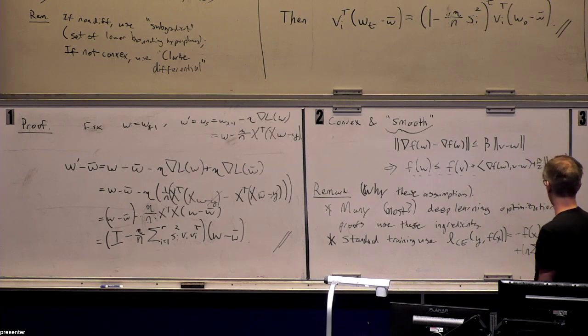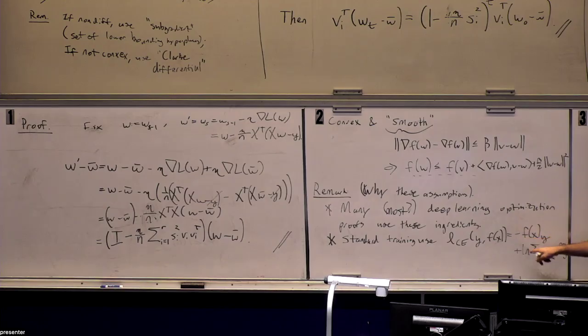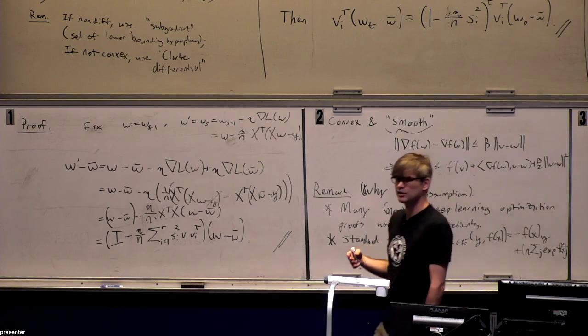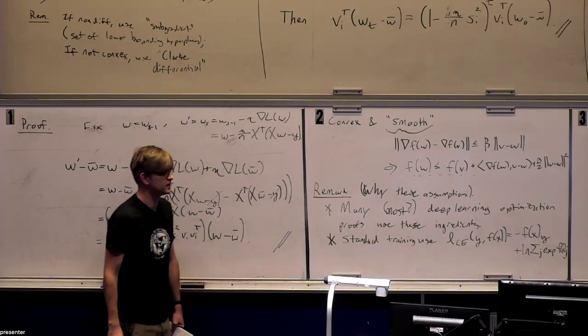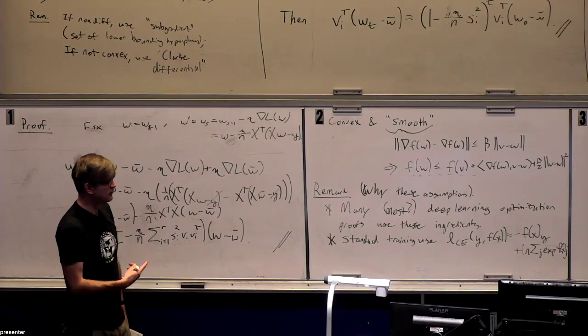For my multi-dimensional output, I take the negation of its prediction on the correct label plus the log sum exp of the other ones. And this is the same as log 1 over the probability under the model, where the model is doing softmax prediction probabilities.